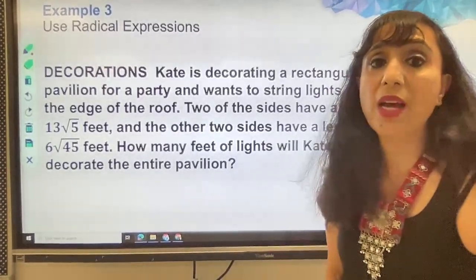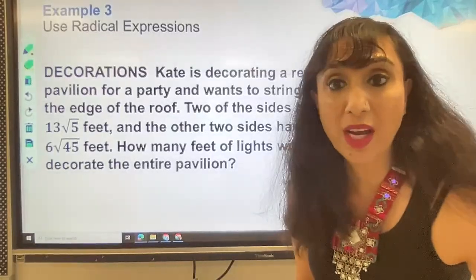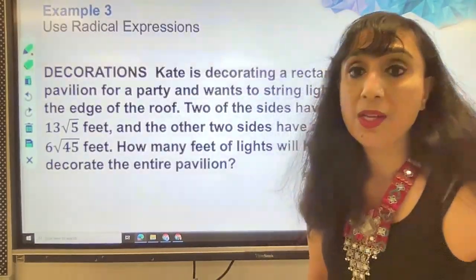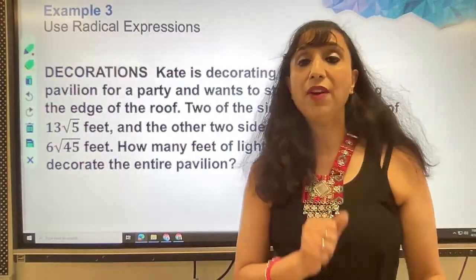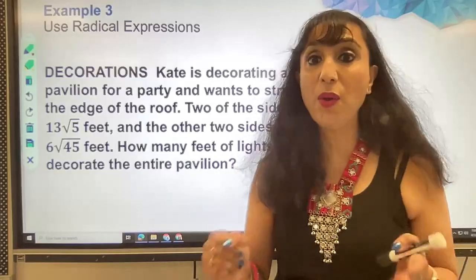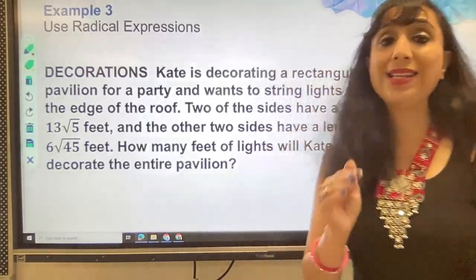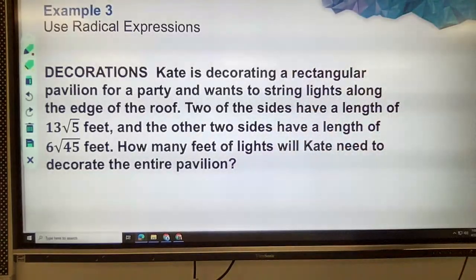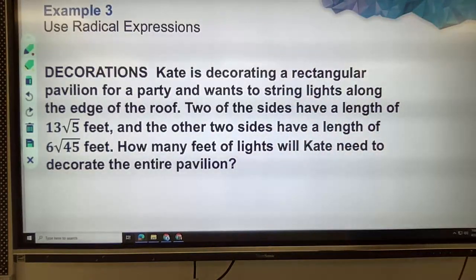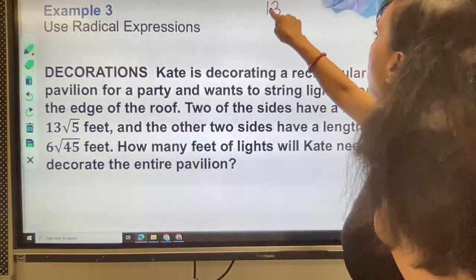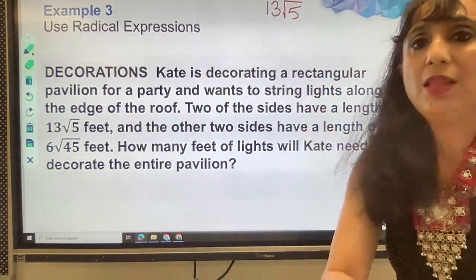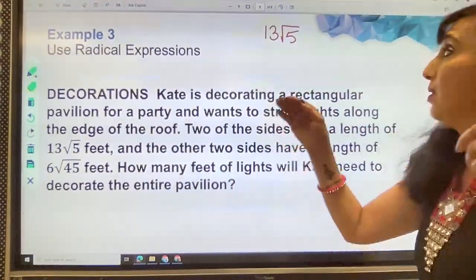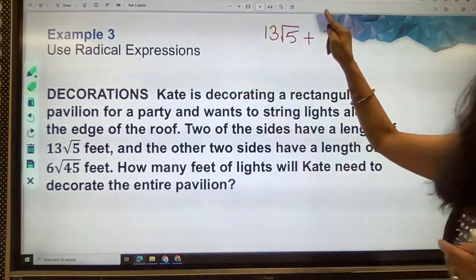So if I'm talking about the edge of the roof, I'm talking about perimeter. So if it's rectangular, we are going to have two lengths and two widths. So that's how much lighting that Kate is going to need. So 13 root 5, and if this is one side, the other side is going to be the same, right? Plus, what do we have?